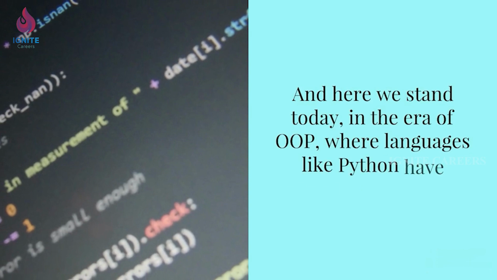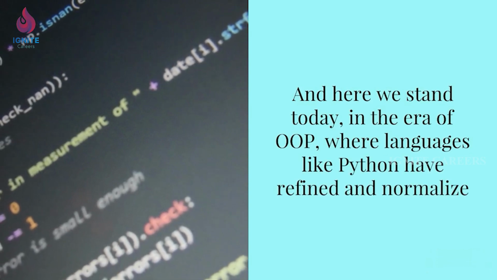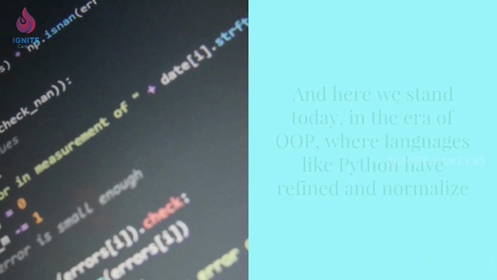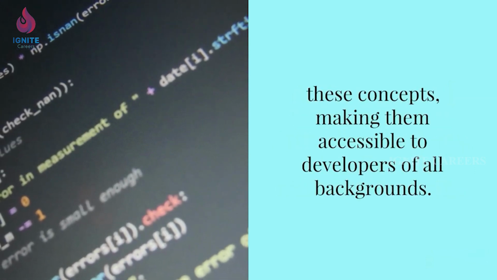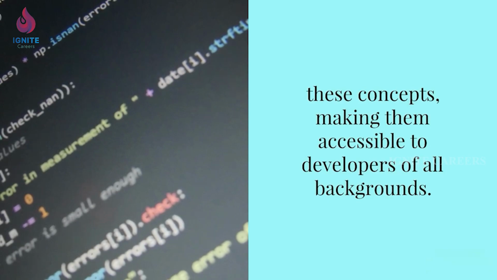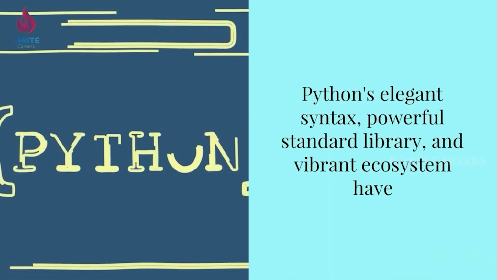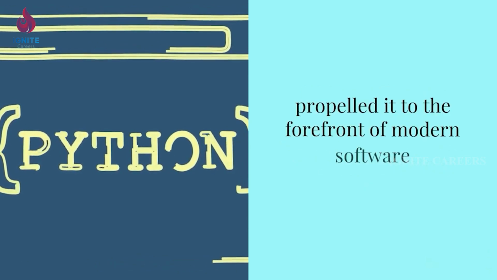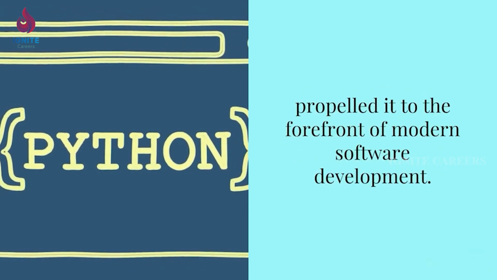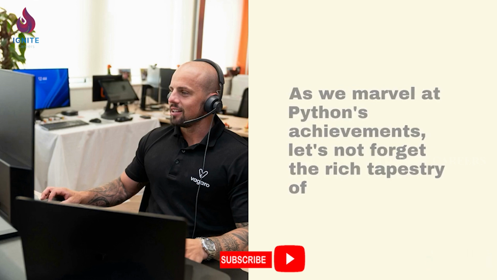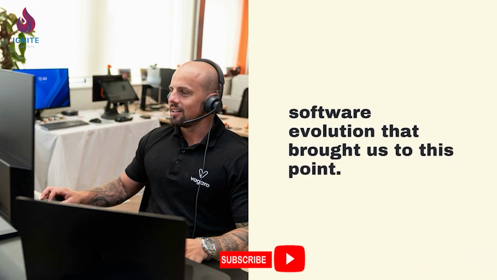And here we stand today in the era of OOP, where languages like Python have redefined and normalized these concepts, making them accessible to developers of all backgrounds. Python's elegant syntax, powerful standard libraries, and vibrant ecosystem have propelled it to the forefront of modern software development. As we marvel at Python's achievement, let's not forget the rich tapestry of software evolution that brought us to this point.